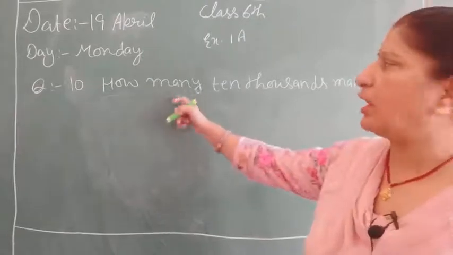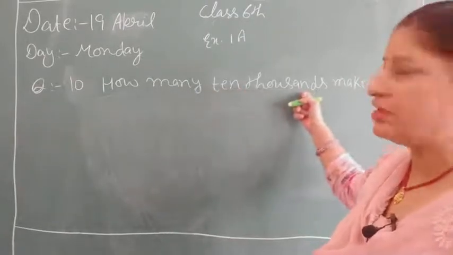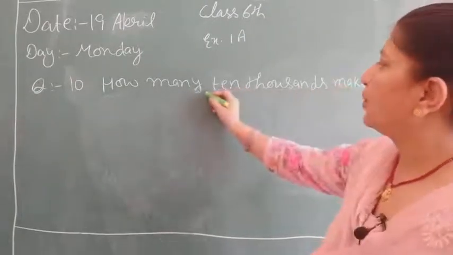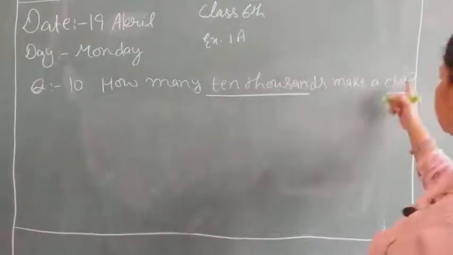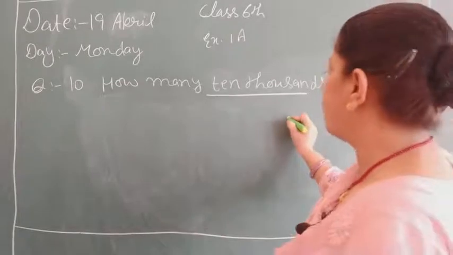It is given: how many 10,000s make a crore? 10,000 and crore. Now our places go up to the place of crore.